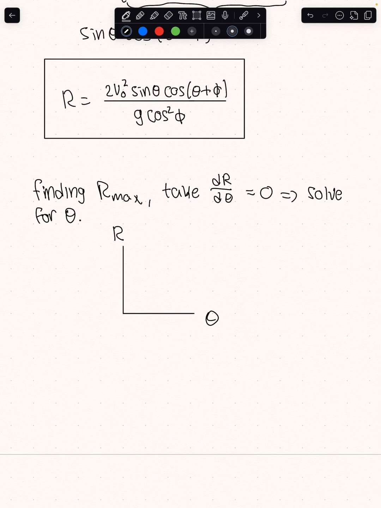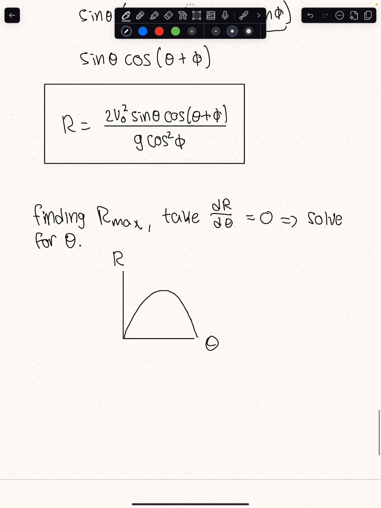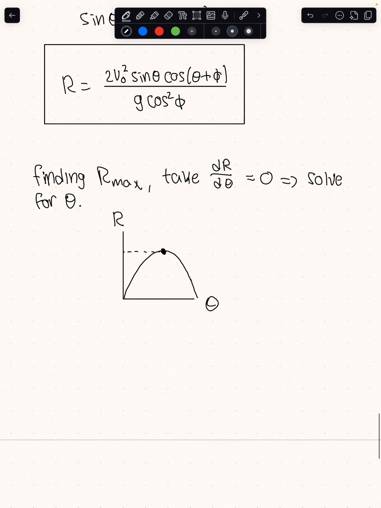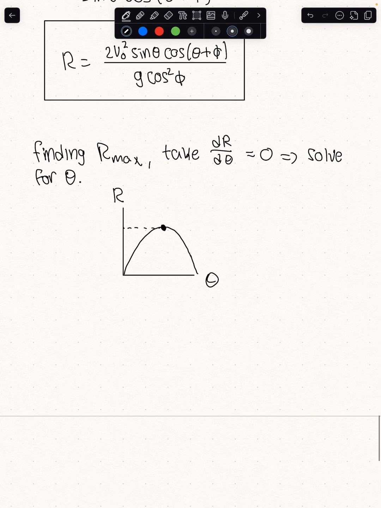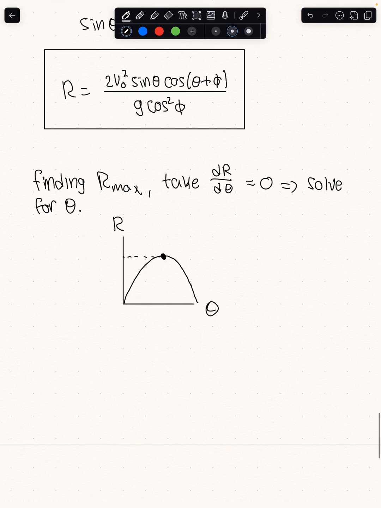And then at some angle, it reaches a max distance, and then everything else is down below, smaller than that max distance. And so we want to take that derivative when the derivative is 0, which is going to give us the maximum distance for theta. And then we want to plug that in for r. That'll give us an equation only dependent on phi.